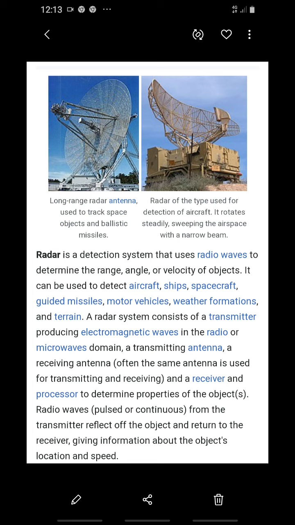Radio waves from the transmitter reflect off the object and return to the receiver, giving information about the object's location and speed.